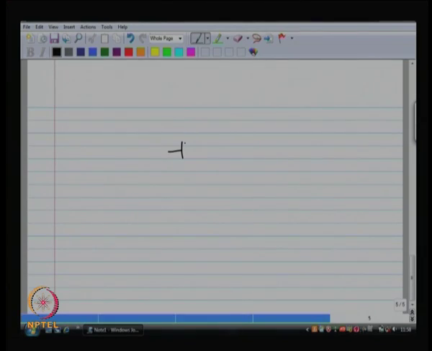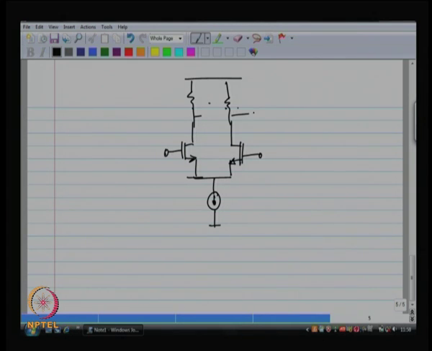So, the input of an amplifier, what you have designed before typically would look like this, or if you have designed a differential amplifier it would look like this. Etcetera, etcetera. So, there is a load to this. And so on and so forth. So, this is probably how the input of the amplifier looks like.